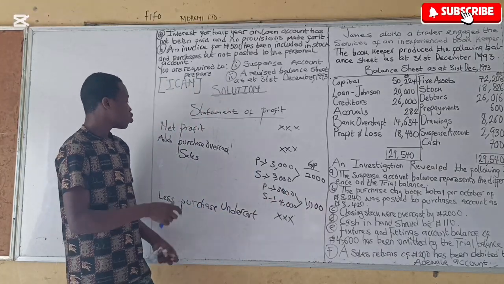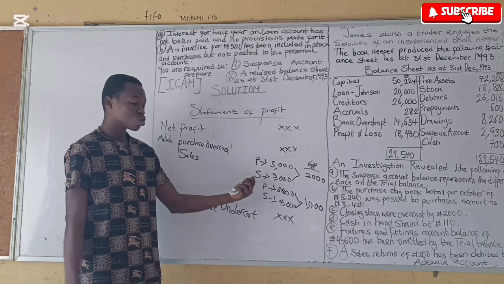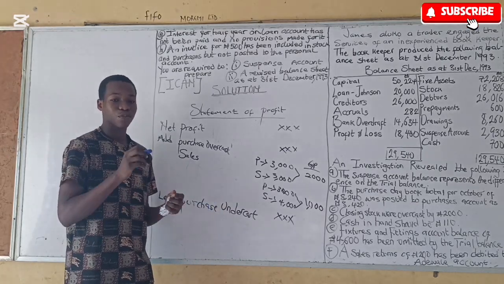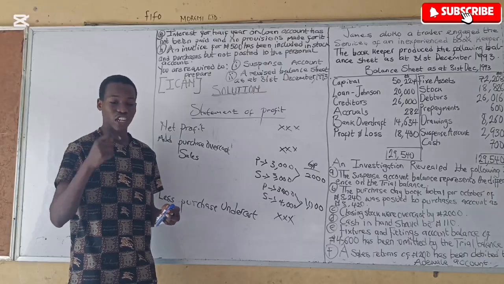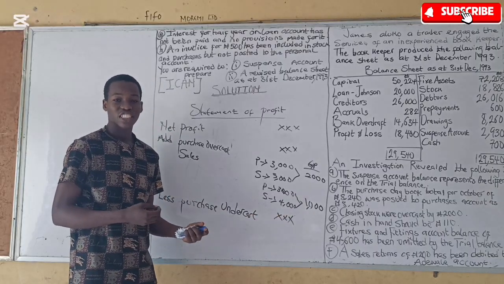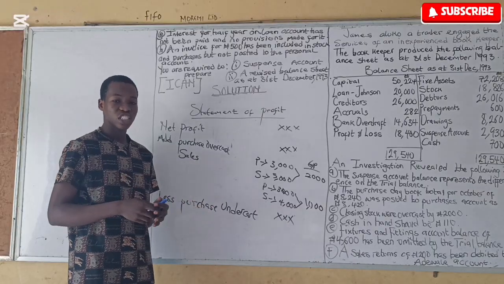Now, when your net profit increases because you overstate it, you need to subtract it away from the net profit in order to do the necessary correction. But when you understate your net profit, do you get it now? You need to add that amount to it.